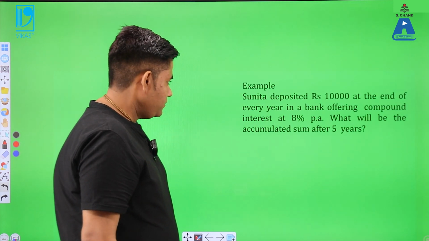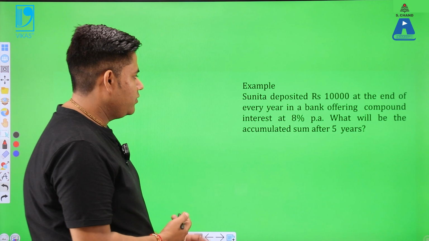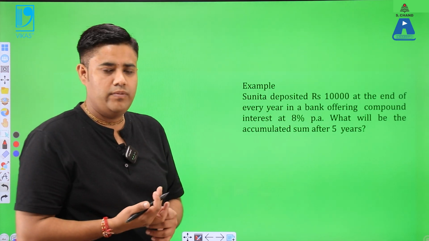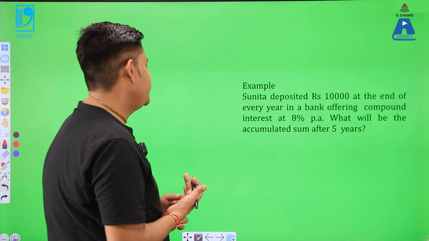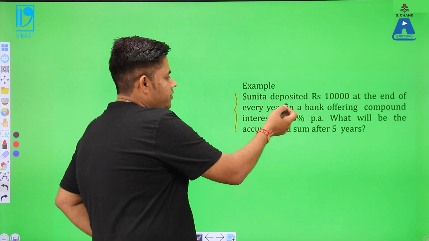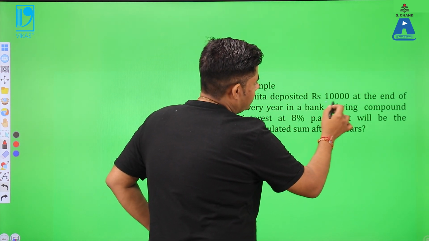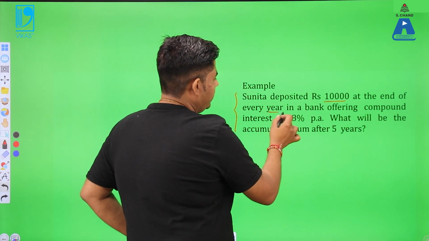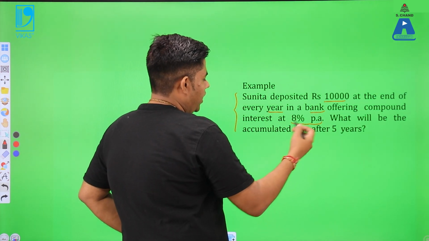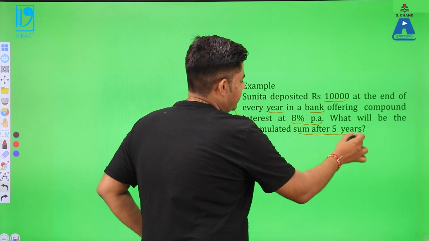So we just look at that particular annuity calculation or accumulated value calculation with the help of a particular question. Let's say it is mentioned that one person deposited rupees 10,000 at the end of every year in a bank, offering a compound interest at 8% per annum. And what would be the accumulated sum after 5 years?